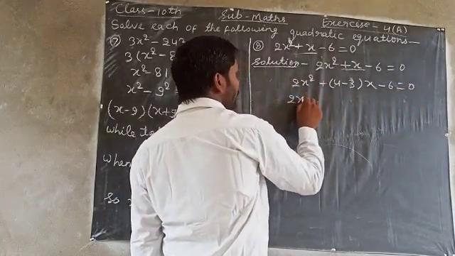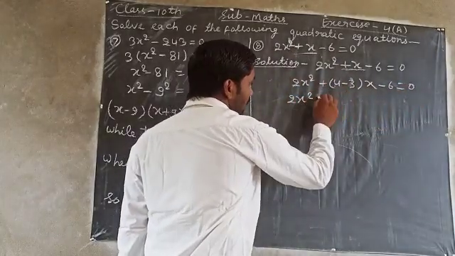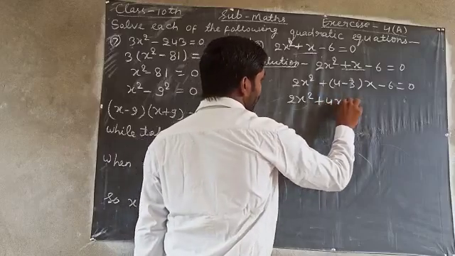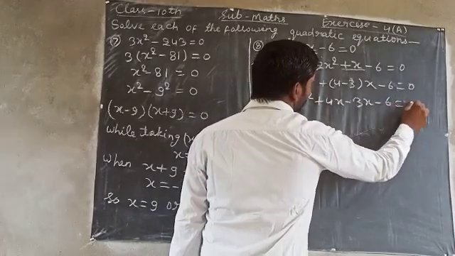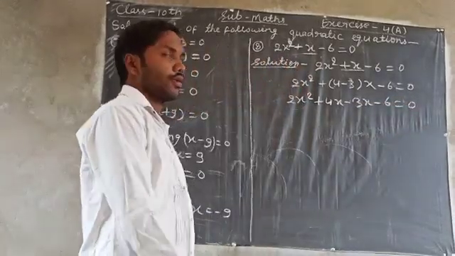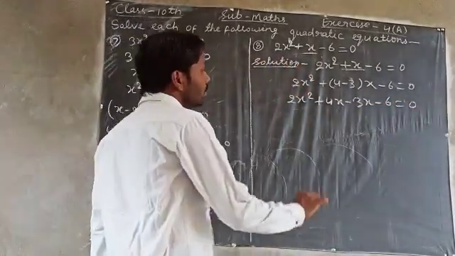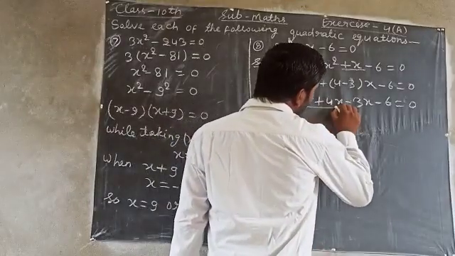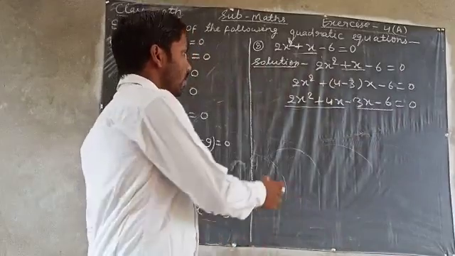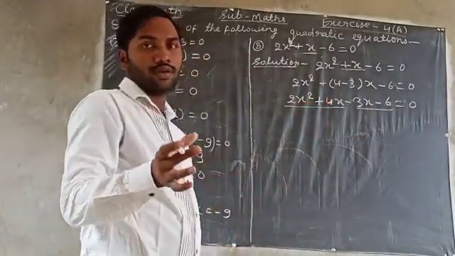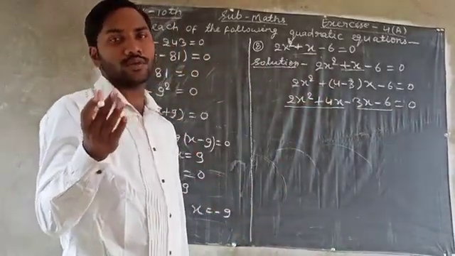Now open the bracket: 2x square plus 4x minus 3x minus 6 is equal to 0. Now here you group two parts, and from these two parts take the common factor.